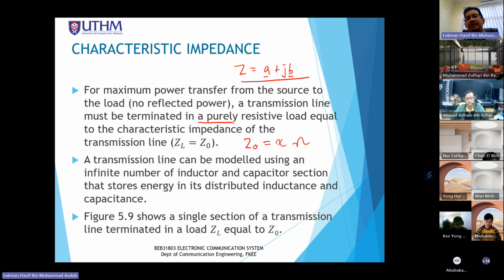But for the case of characteristic impedance, it is purely a resistive value without the reactance. So it is a value in terms of ohms, and it is fixed throughout the transmission line.